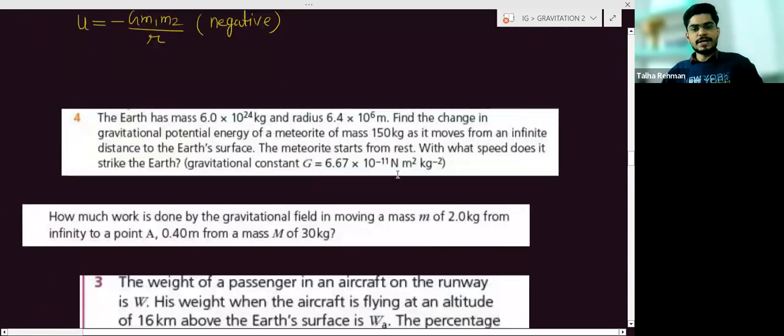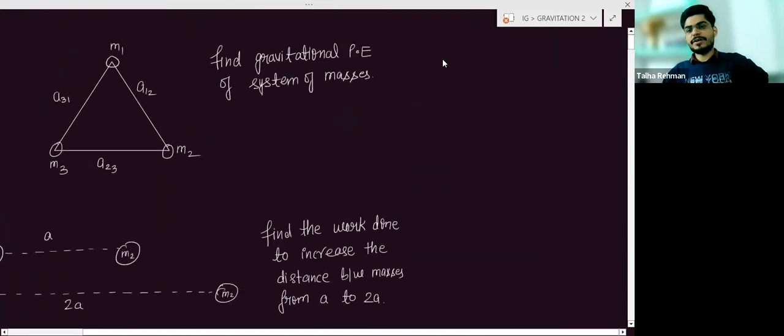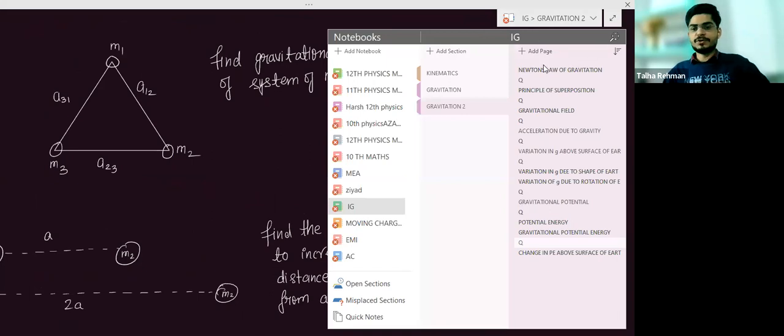Okay, so let's recap once again what we did till now in this chapter. Newton's law of gravitation. Main things I will recall: gravitational field. After that, we have done acceleration due to gravity, variation of acceleration due to gravity.